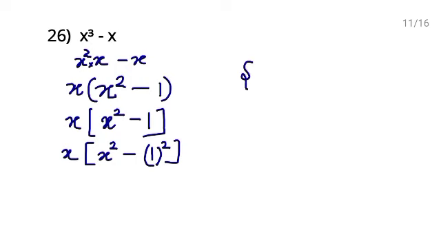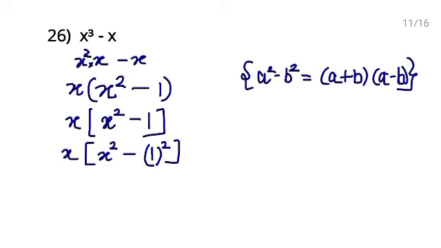So we will use the identity a square minus b square is equal to a plus b into a minus b, right? So this x is outside the bracket. Now a plus b is, a is x plus b is 1, into a is x minus b is 1, right? Now simply open the bracket.